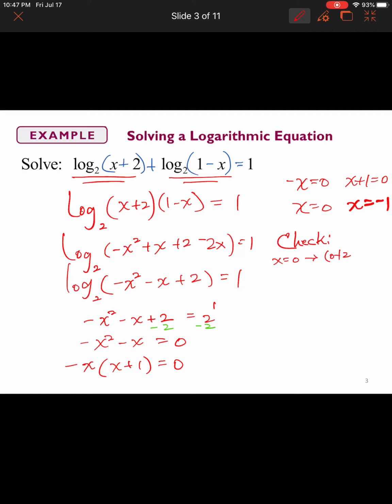That's 0 plus 2 and 1 minus 0. Both of those are greater than 0, so they're good. X equals 0 is a solution. Then checking negative 1, we have negative 1 plus 2 and 1 minus negative 1. Both of those are greater than 0, so we're good to go. Solutions are x equals 0, x equals negative 1.